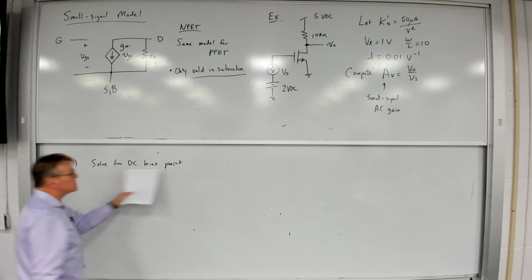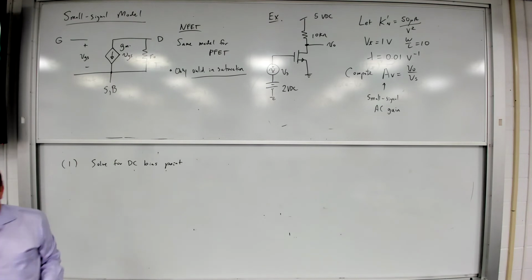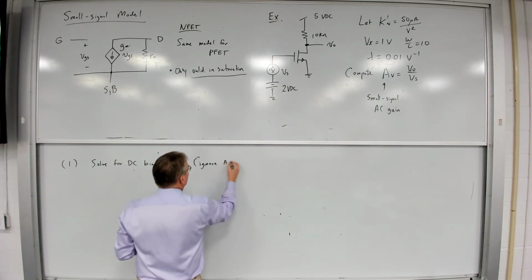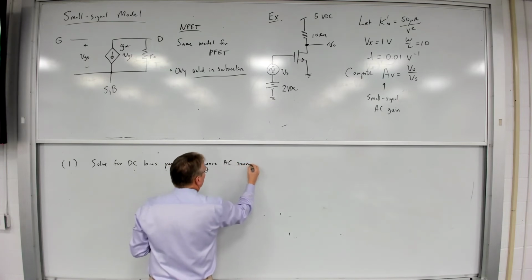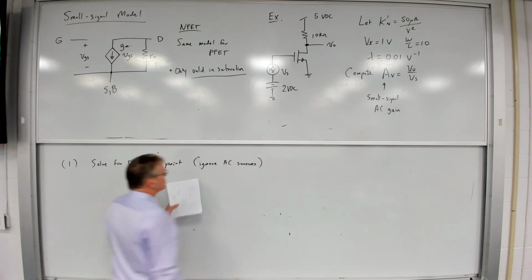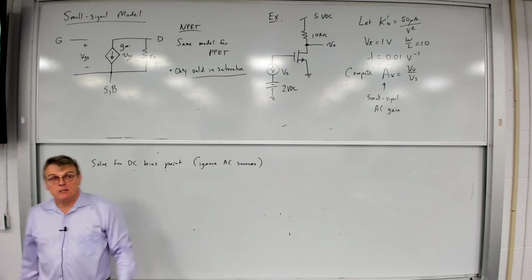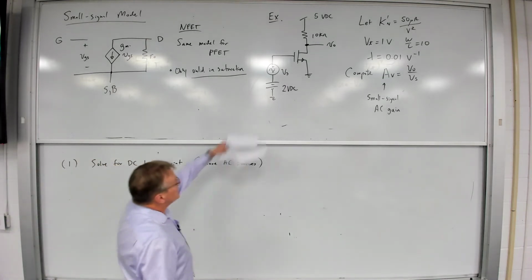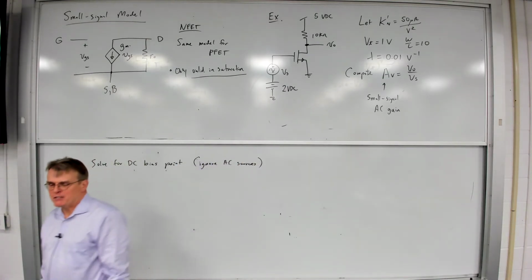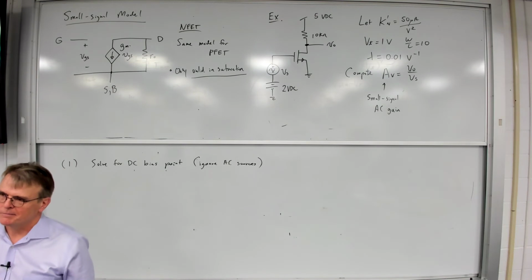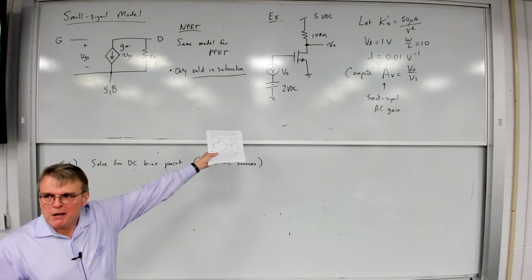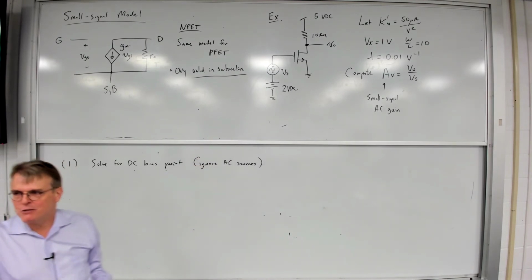When we do this, we ignore the AC sources. Think of this as superposition. I only want to solve for the DC value, so VS goes to 0. I ignore it. All right, so is the transistor on? Yeah, it's definitely on because 2 volts is greater than the threshold voltage. So definitely the transistor's on.